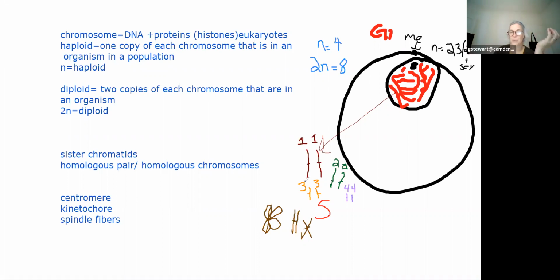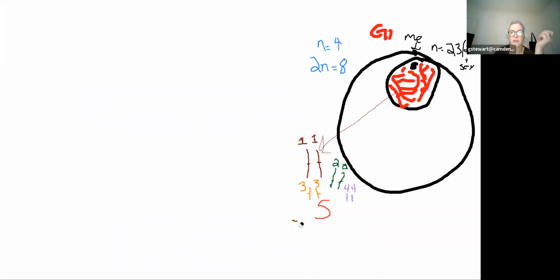That's a duplicated chromosome, but I have to duplicate both of these. So let me try to just erase these chromosomes here. And oh, I got rid of all my words. That's a bummer. Right, so each one of these, I'm just going to make them X's. Each one of these would have to be duplicated like this.